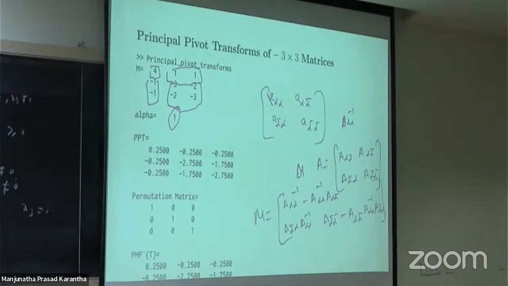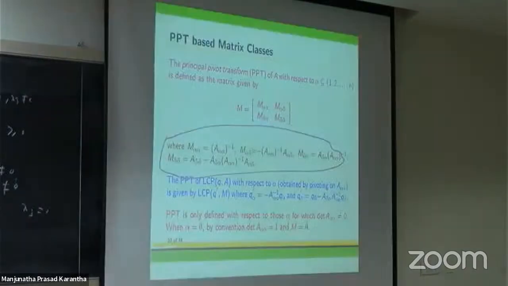So this you have to compute, right? Once we compute this, you will get the PPT. So M will be the PPT of A. M is the PPT of A with respect to alpha. Right?